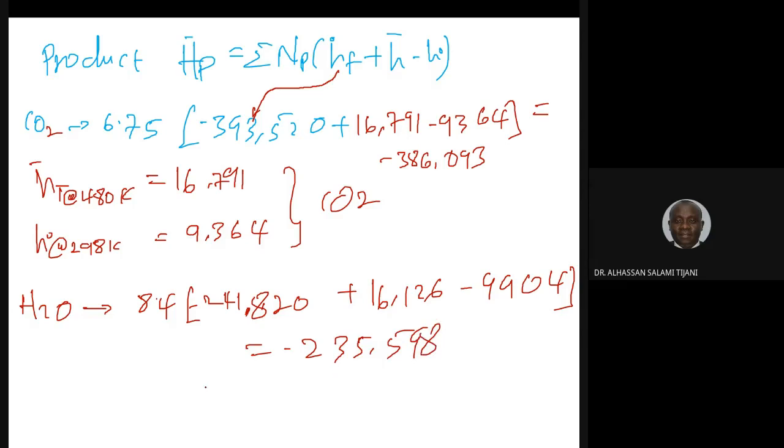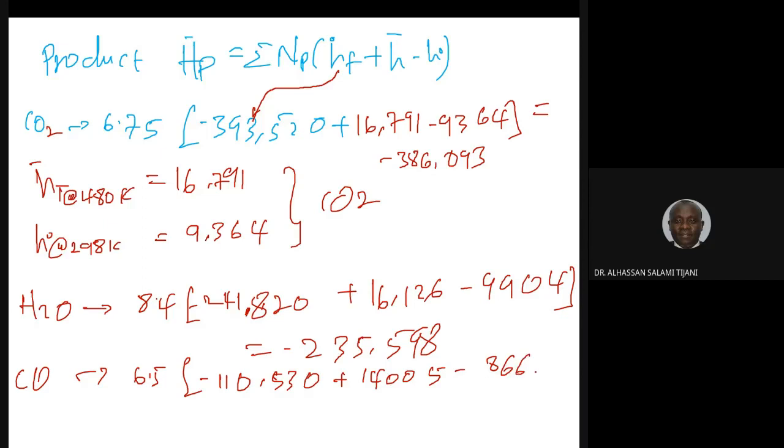Next we have carbon monoxide also in the product. So carbon monoxide, we have 6.5 times minus 110,530 plus 14,005 minus 8,669.